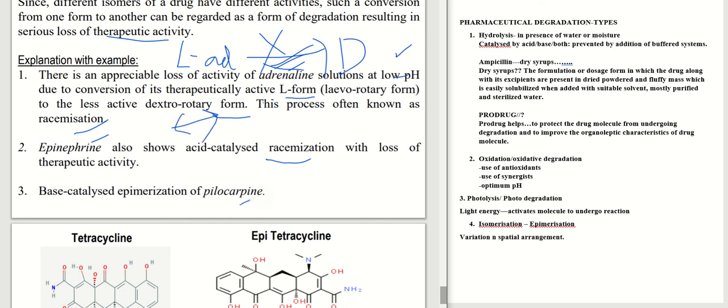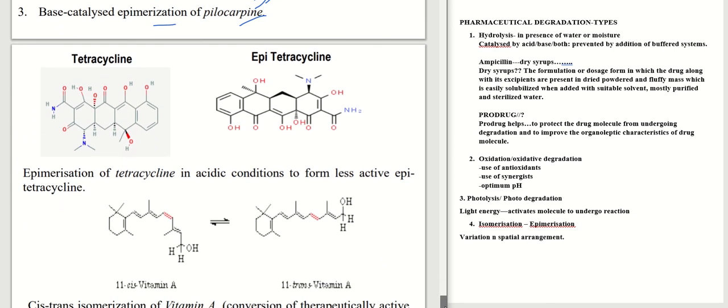And next, pilocarpine, another drug. In presence of base or high pH, this kind of change is seen. So by maintaining the pH, racemization will be controlled. We can avoid it.